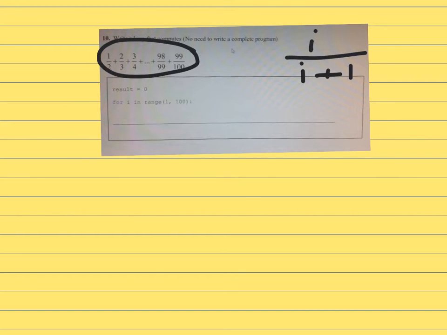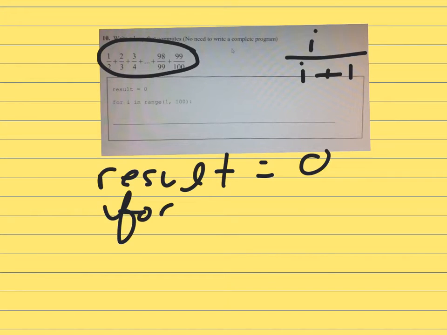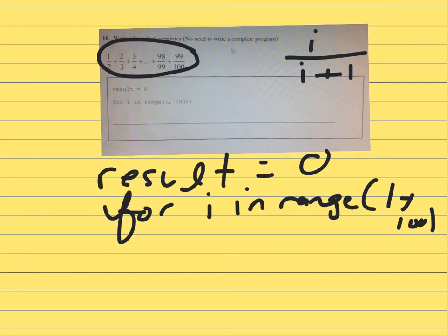So in terms of the loop, we have results equals 0, for I in range of 1 to 100.